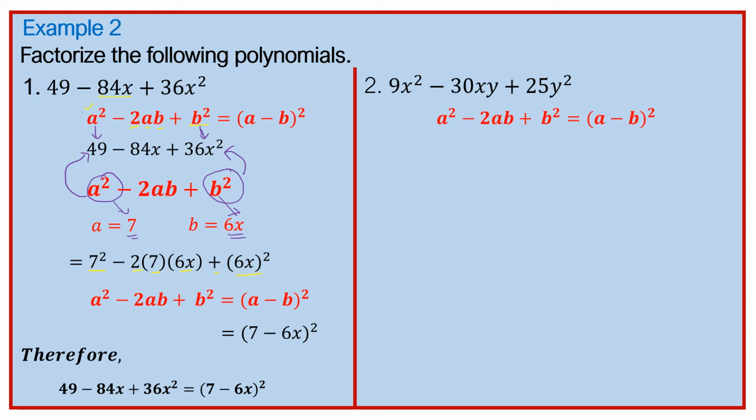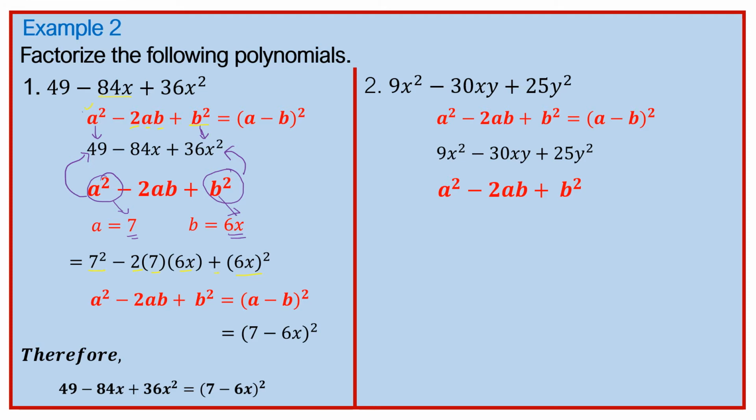We are going to use the similar identity, a squared minus 2ab plus b squared equals (a minus b) squared. And for that case, we need to know what is a and what is b.